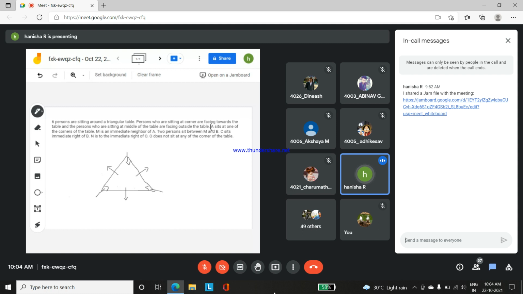Here the clue starts with: A sits at one of the corners of the table. If I start with that clue, where will I place A? They say A sits at one of the corners, and you have a total of 3 corners.